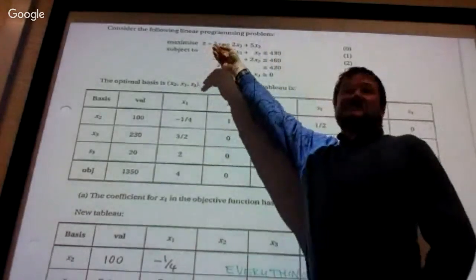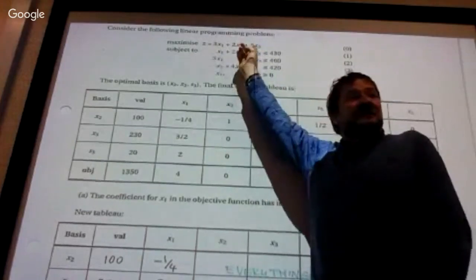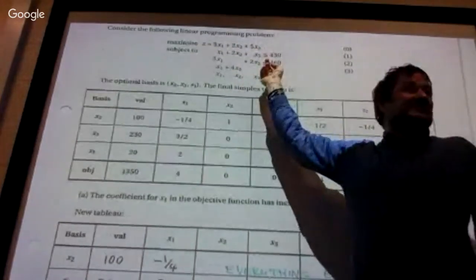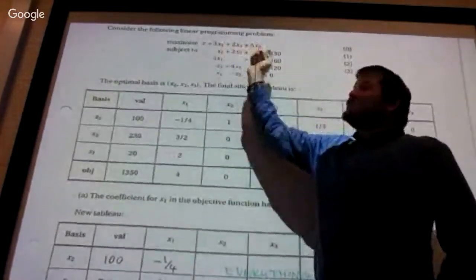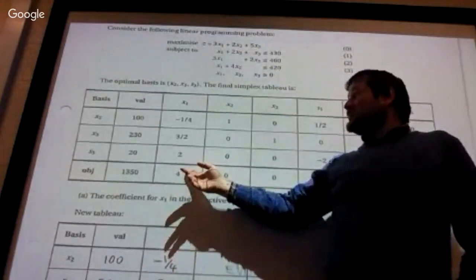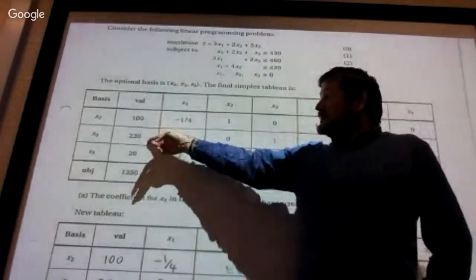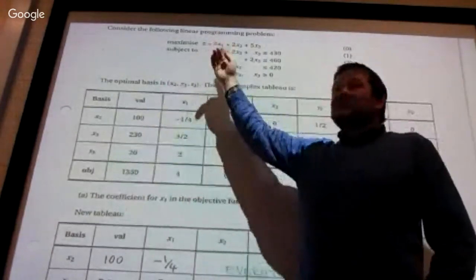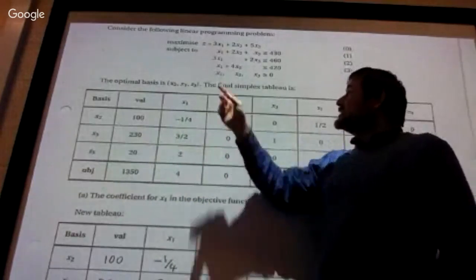So if you think of this in terms of having 3 products, and these are some constraints and some resources, and these are the profits of the 3 products, this 4 is giving you information about what currently you're not making. In the optimal solution, you're not making any of the product that x1 is there for.